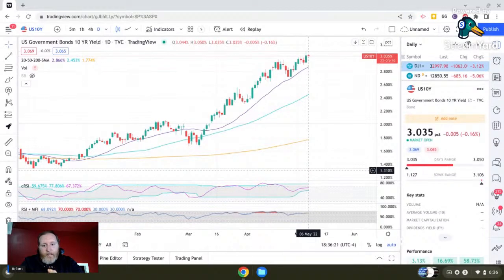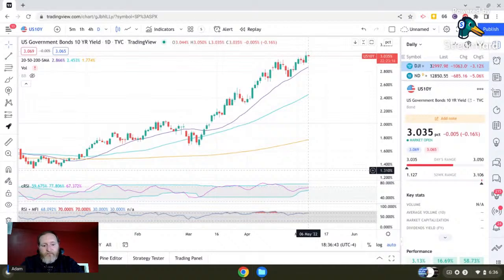Now, the past few sessions, growth stocks have been performing okay in the face of the 10-year rising. But today, that correlation of the 10-year rising and growth stocks falling definitely came into play.